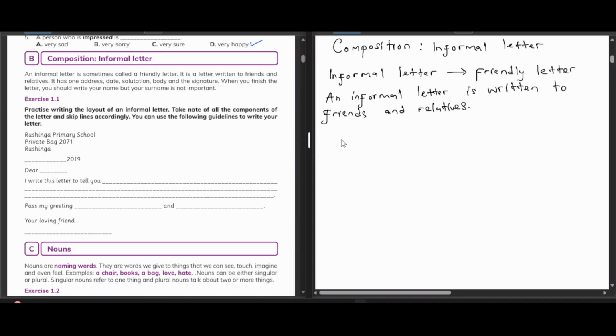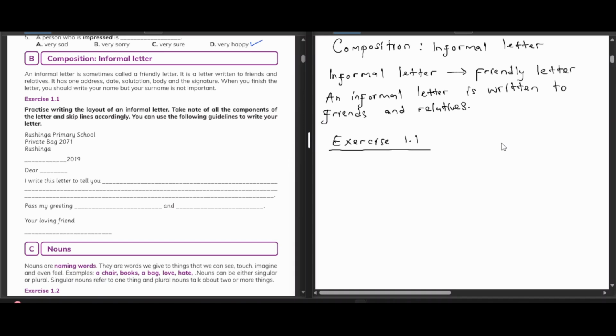So let us look at exercise 1.1. We want to practice how we write this informal letter. Practice writing the layout of an informal letter. Take note of all the components of the letter and skip lines accordingly.